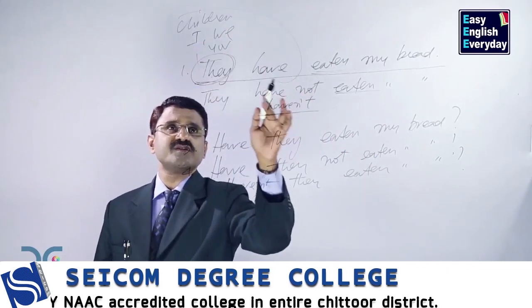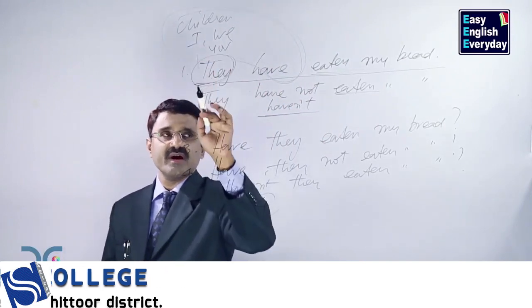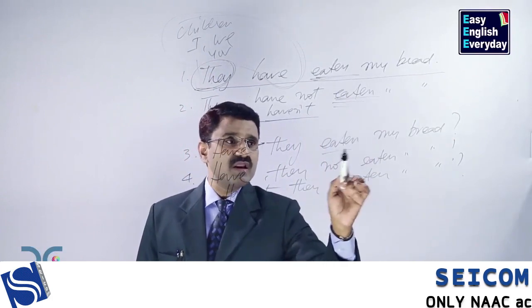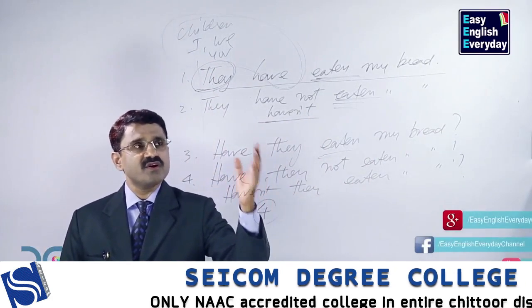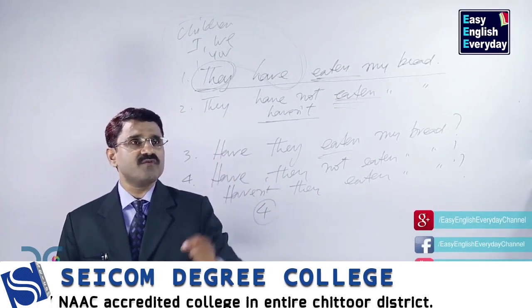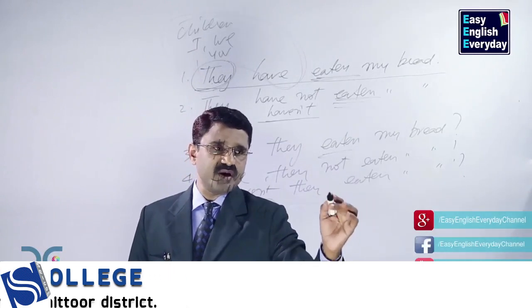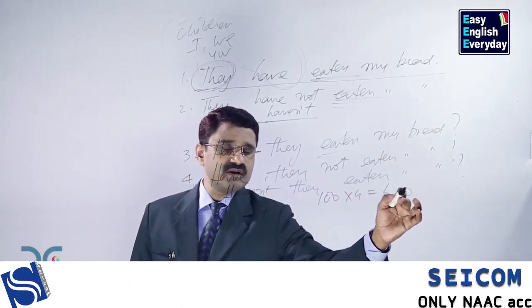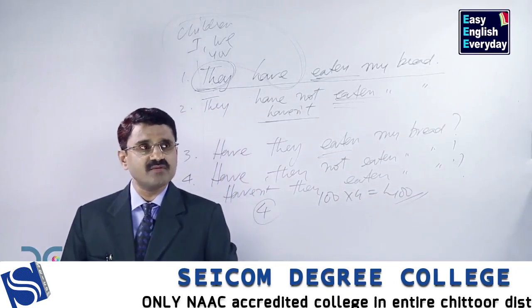This is going to be fixed for all of us. This is not a big deal. This is not your achievement. Your achievement is the collection of a large number of past participles. Make use of more and more past participle forms, then you can make more sentences. If you have 100 past participles, you can make 100 into 4, 400 sentences. Read them loudly, practice them loudly.